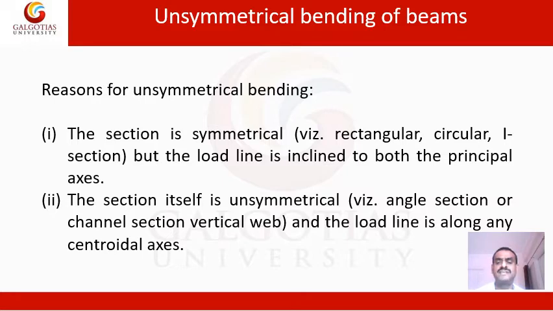These are the two main cases of unsymmetrical bending: either the section is symmetrical with the load inclined to both principal axes, or the section itself is unsymmetrical and the load acts along any of the central axes. If either one case is there, the bending will be unsymmetrical bending.